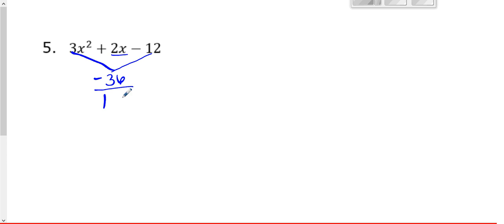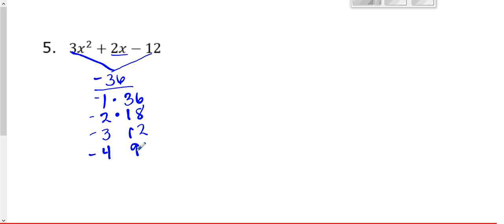So 1 and 36, or negative 1 and 36, negative 2 and 18, negative 3 and 12, negative 4 and 9.